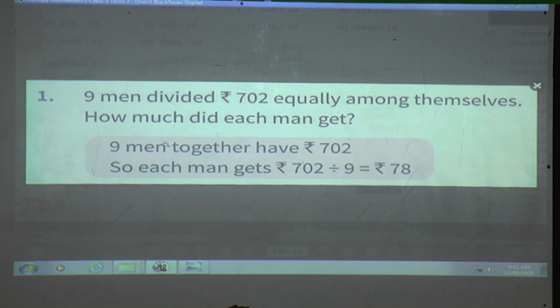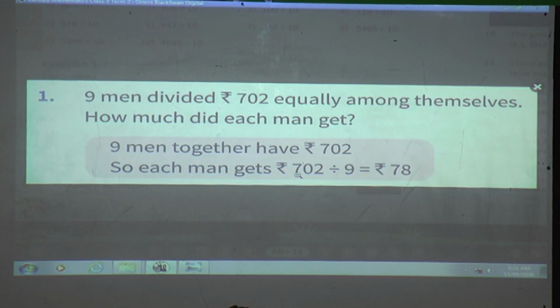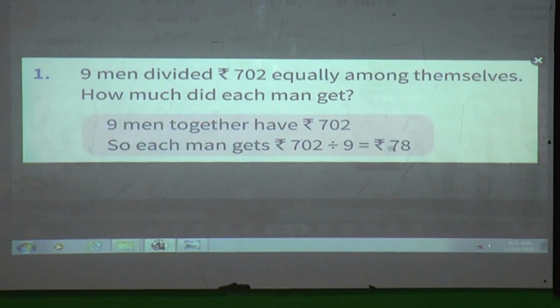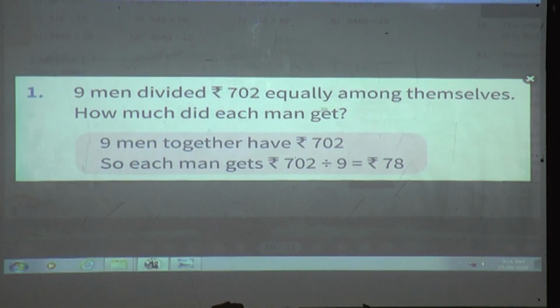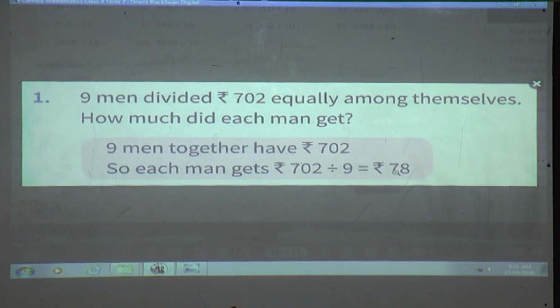First, 9 men together have rupees 702. So each man gets 702 divided by 9, and when we do this division, 702 divided by 9, we get the quotient 78. So each man gets rupees 78.